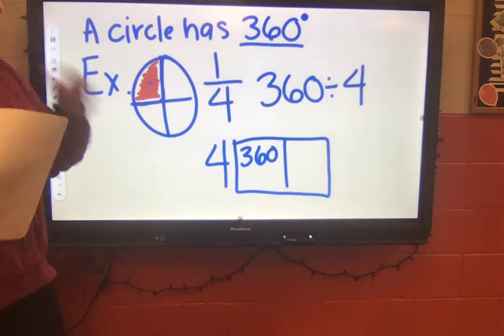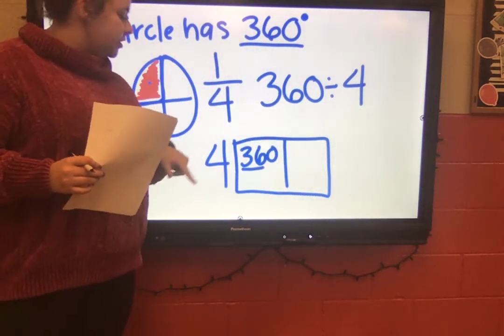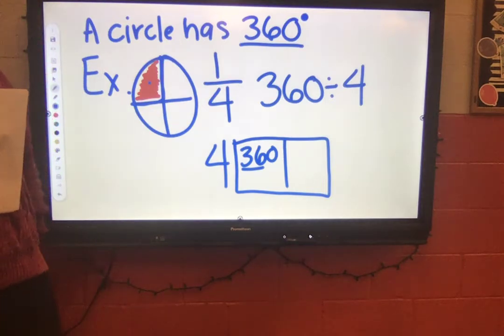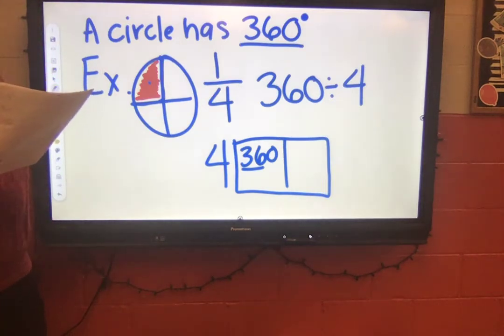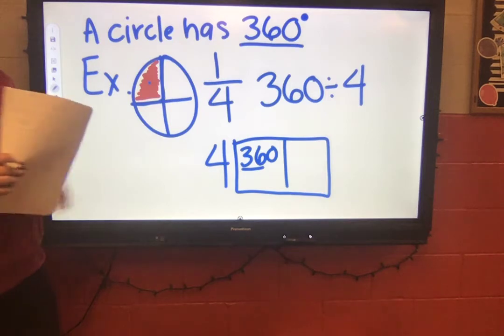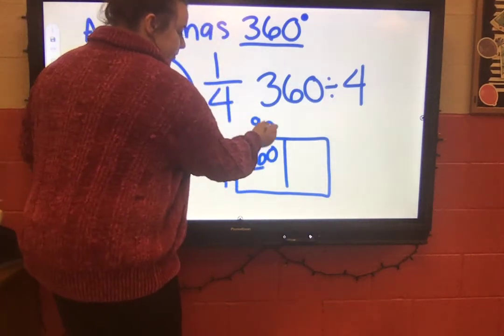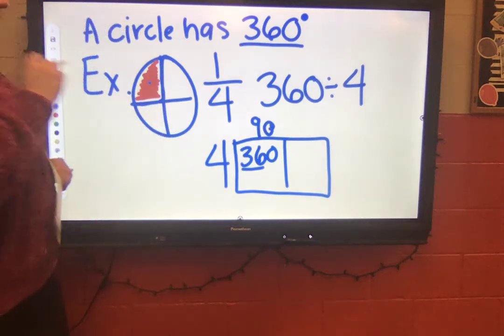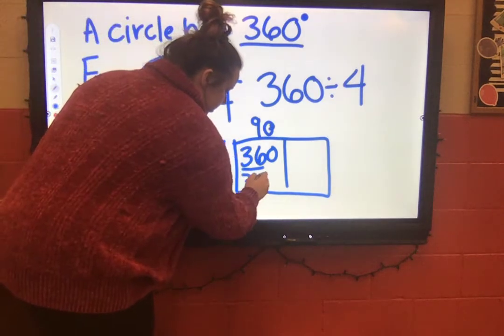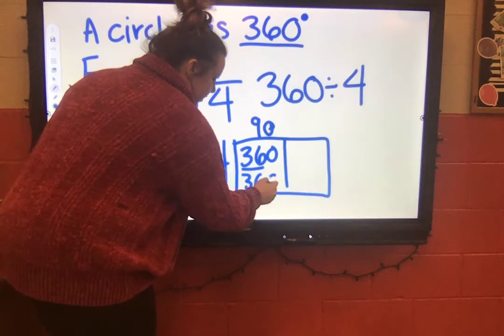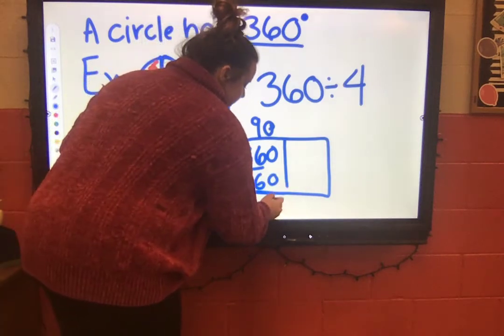Okay, so I'm going to look at 36. What times 4 gets me 36? 9, so I'm going to put that above my 6. And then I have a 0, so I'm going to put it next to it. 9 times 4 is 36. 0 times 4 is 0. So we subtract that. We get 0.